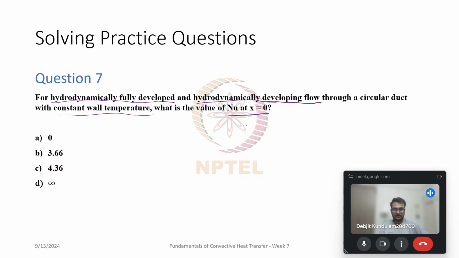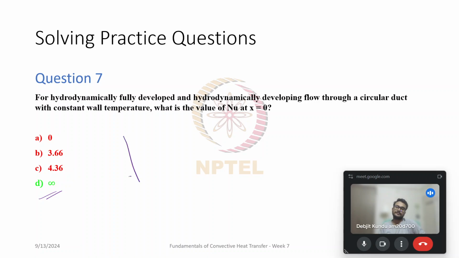And remember here, Nusselt number, I'm talking about the local Nusselt number at x equals 0. So let's take a look at the solution. It's actually infinity.